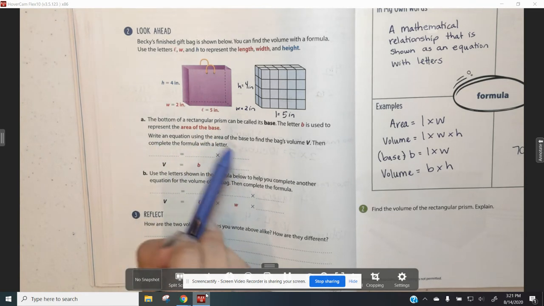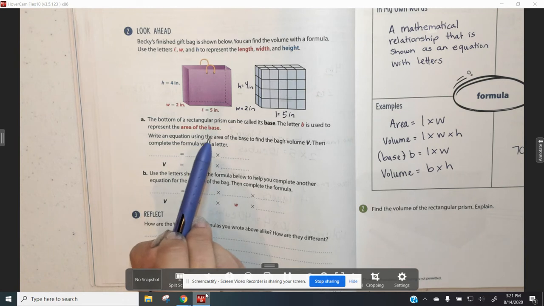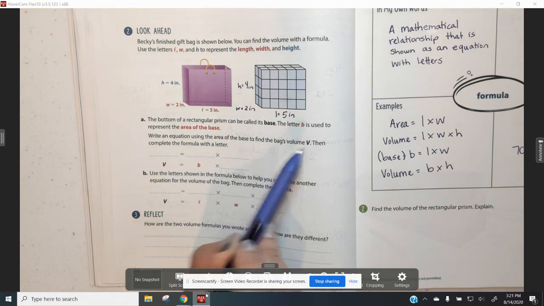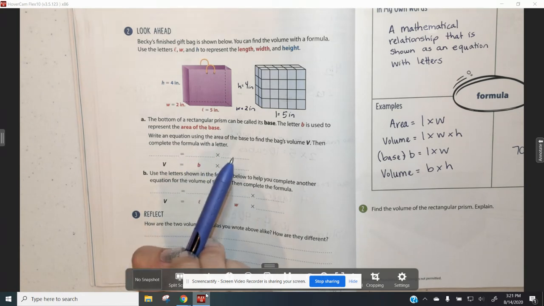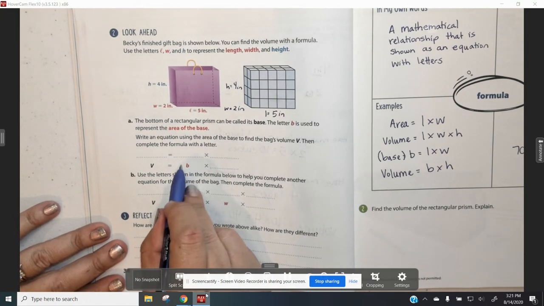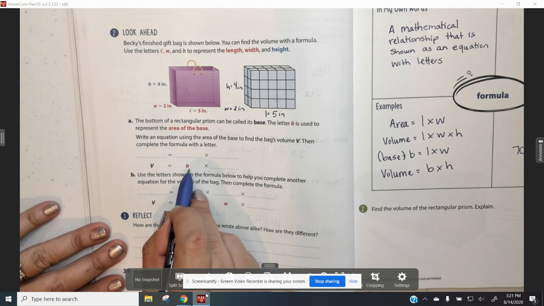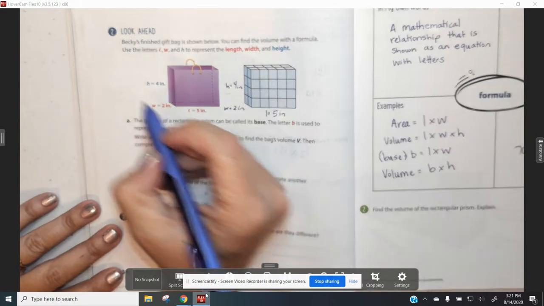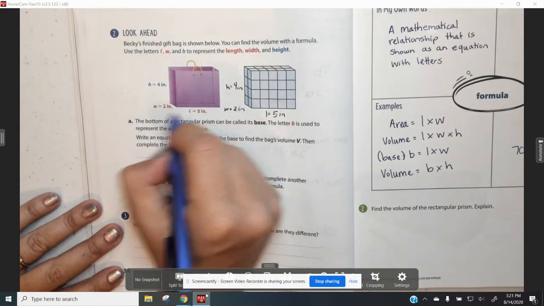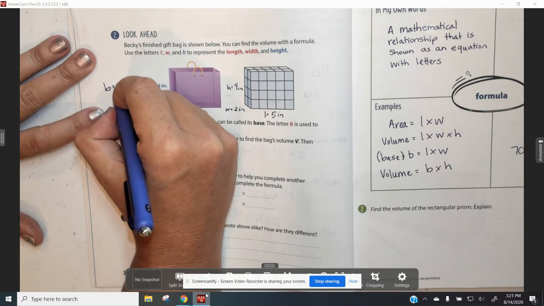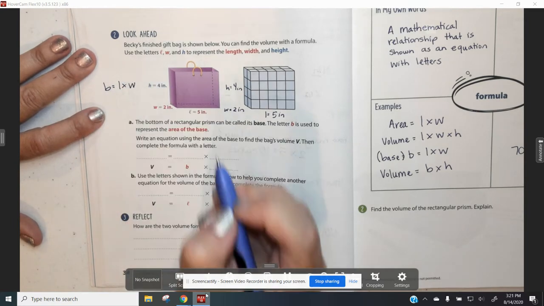So what they would like us to do here is to write an equation using the area of the base to find the bag's volume, then complete the volume with a letter. So here we can see that the base is just one letter. So let's go ahead and find the area of the base. So the base is equal to the length times the width.